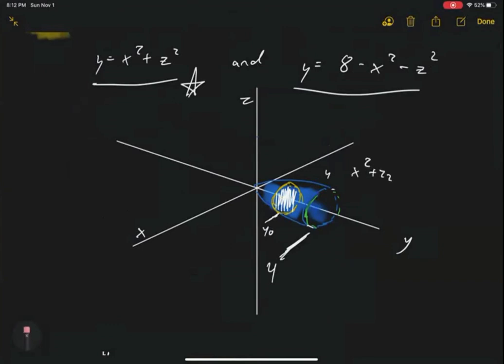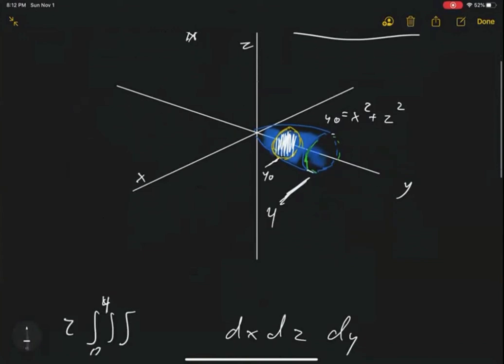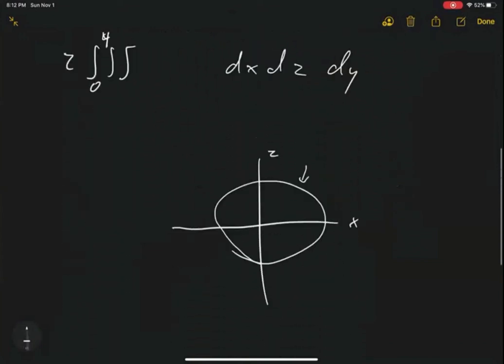If I'm looking at a particular y value, y0, I have the curve y0 equals x squared plus z squared.